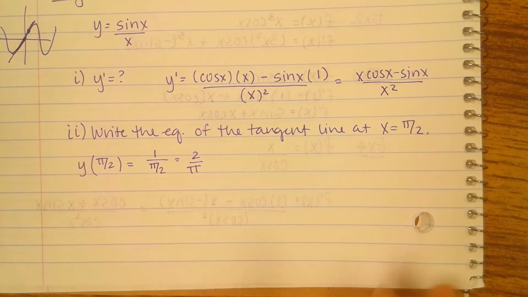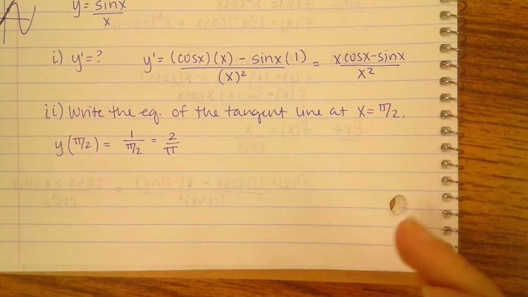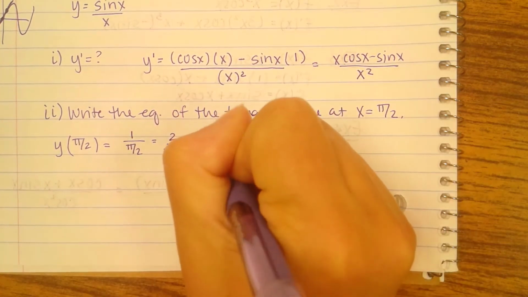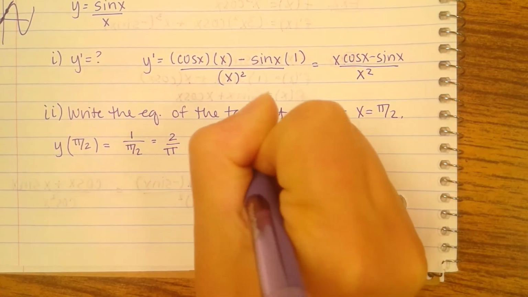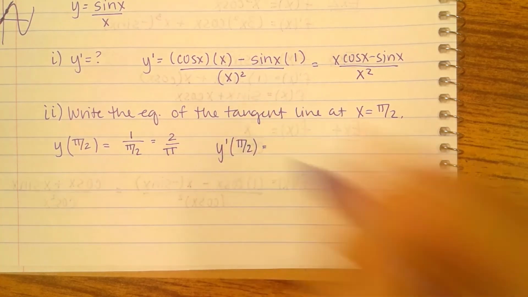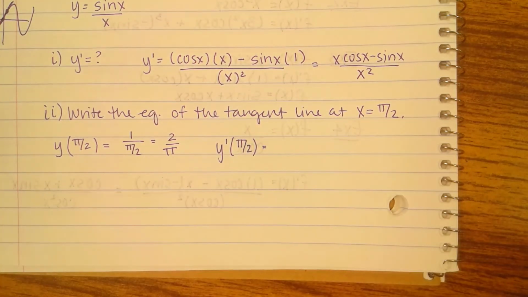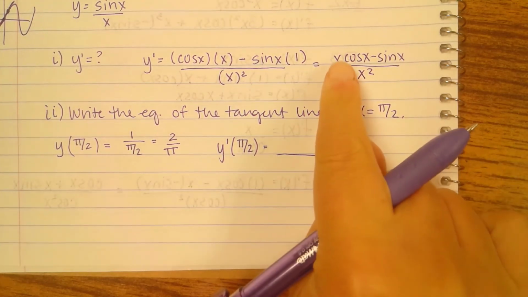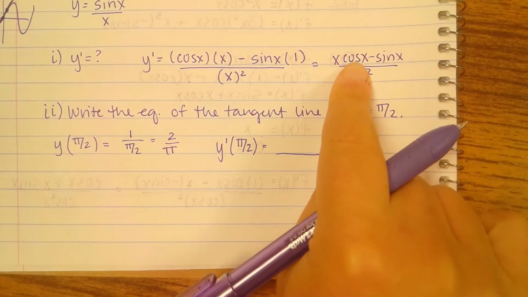And also I need a slope at that point, and slope in calculus means derivative. So I came up with the derivative. That means that I can find the slope at that particular point. Okay, so I have pi over 2 times cosine of pi over 2.